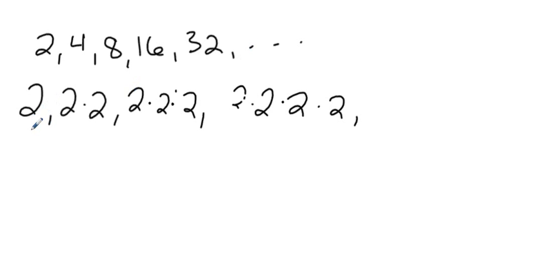If you look at what's going on here, we have the value 2 here, here, here, which is our initial term. It looks like we have 0 factors of 2 being multiplied. Here's 1 factor of 2, and then 2 factors of 2, 3 factors of 2. Then they're multiplying, so we represent repeated multiplication as an exponent.